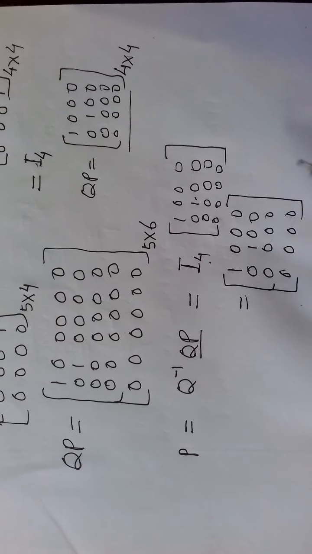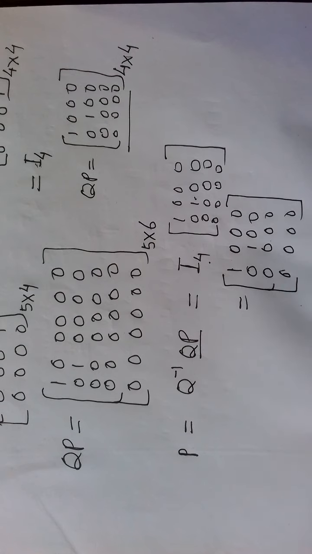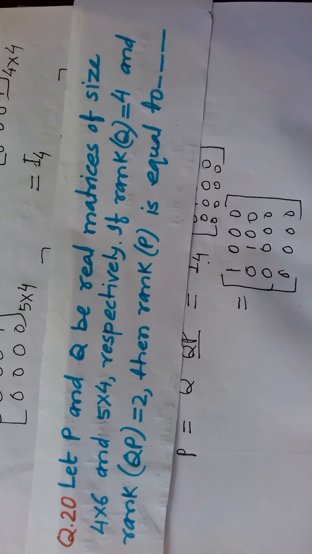And you see the rank of this matrix is 2, so the rank of P will be 2. So this value 2 will take the place of this vacant space.